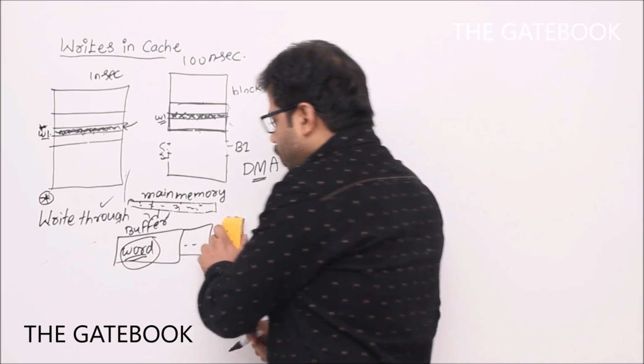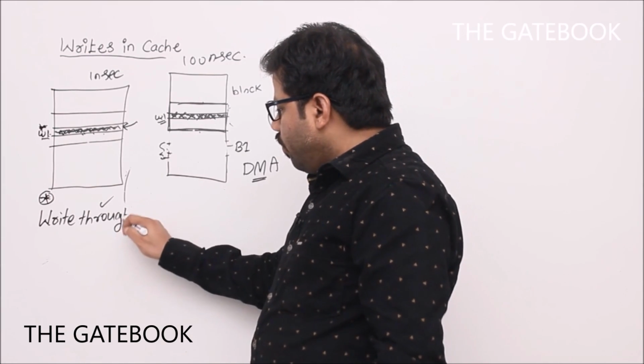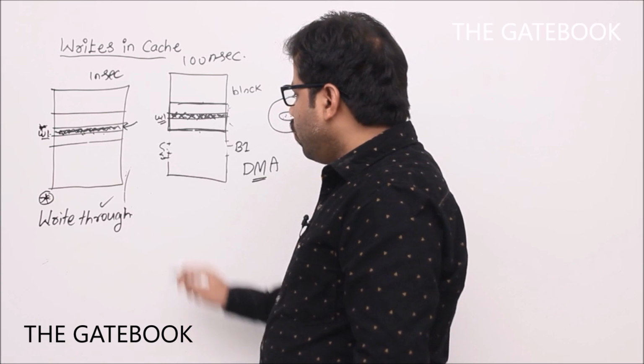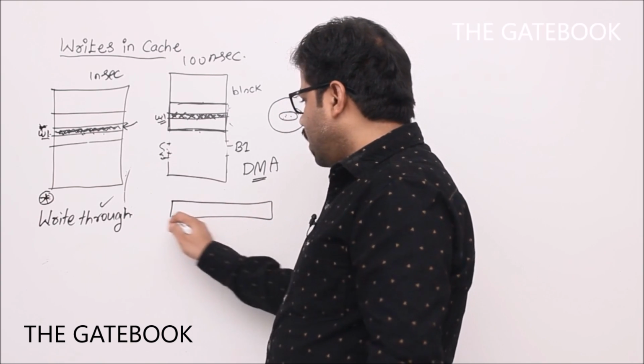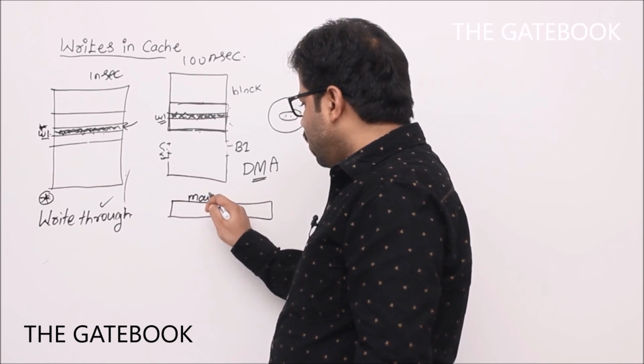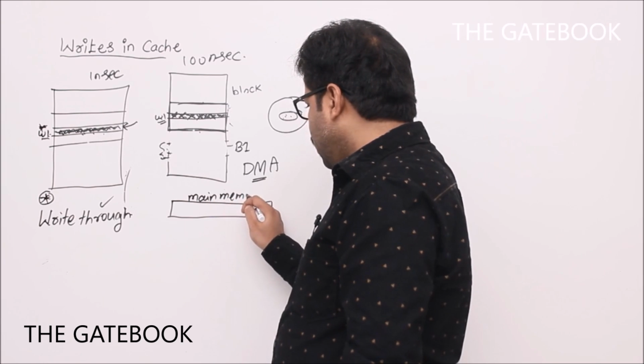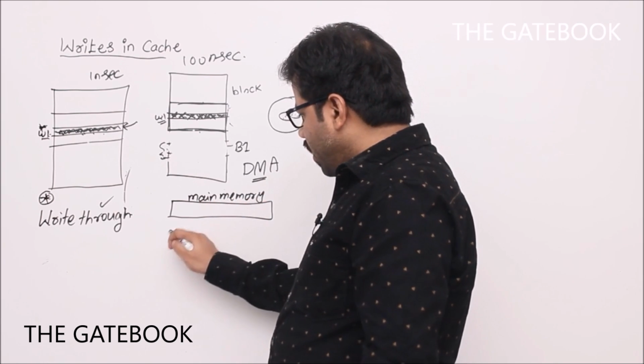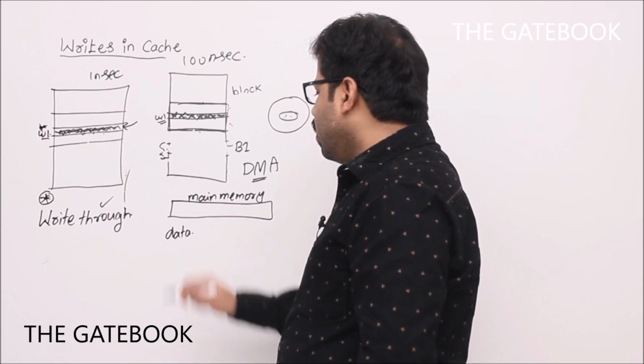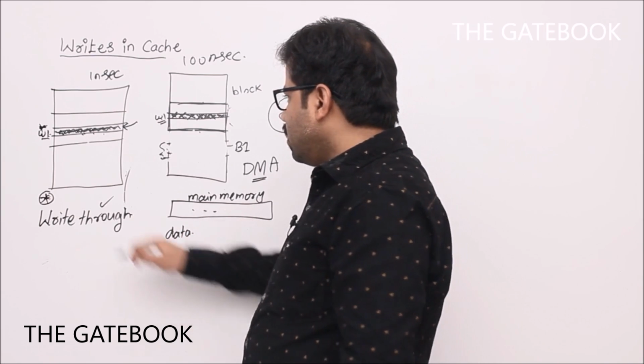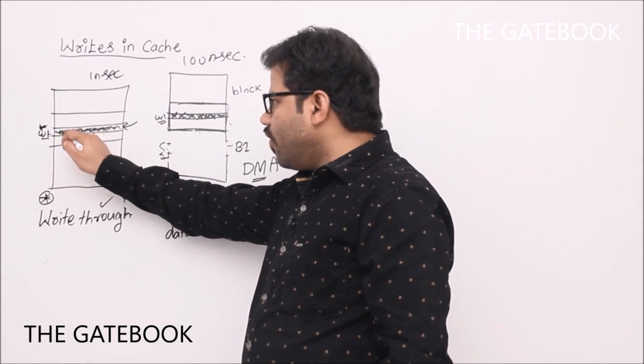Okay. Now in the write through procedure, what are we going to do? You have a main memory address, and data. This is your main memory address, and you have data to write in the memory, right? Because of this main memory address, we realize this word's address.